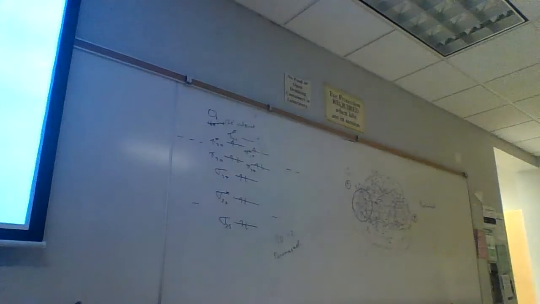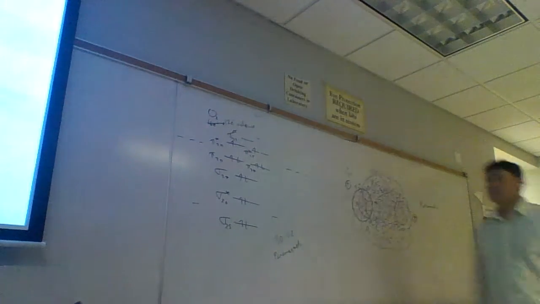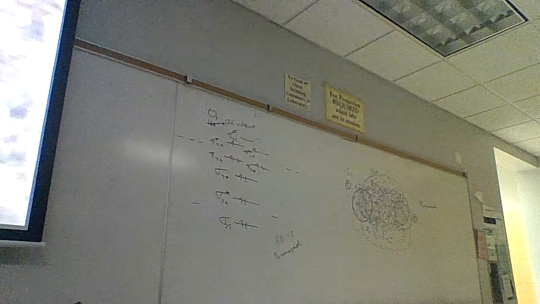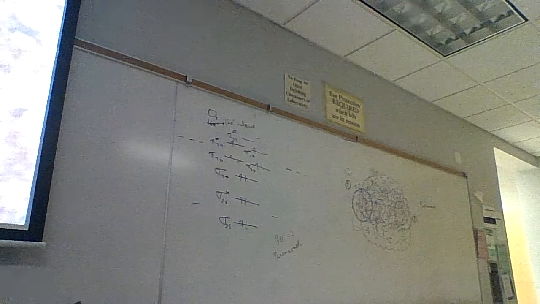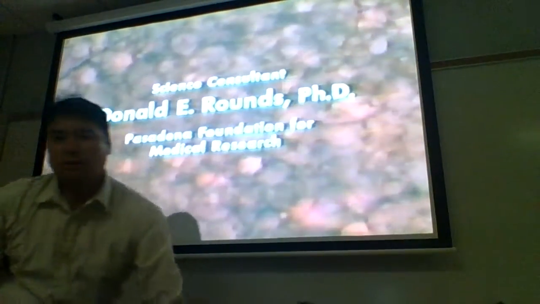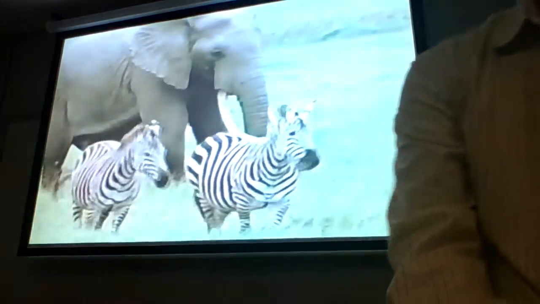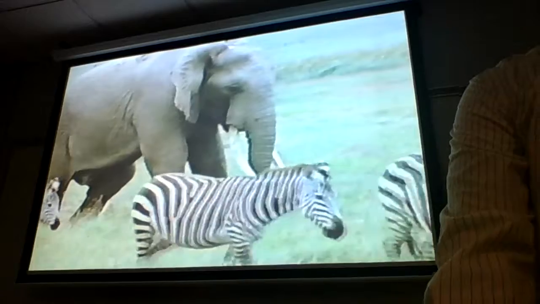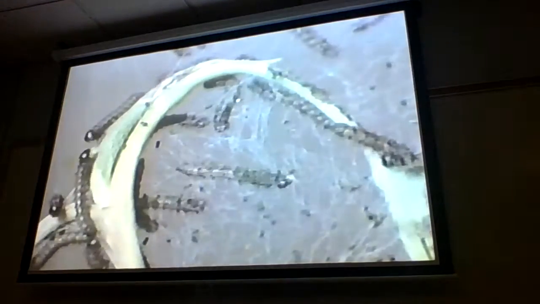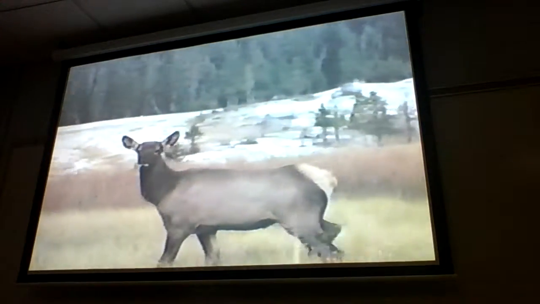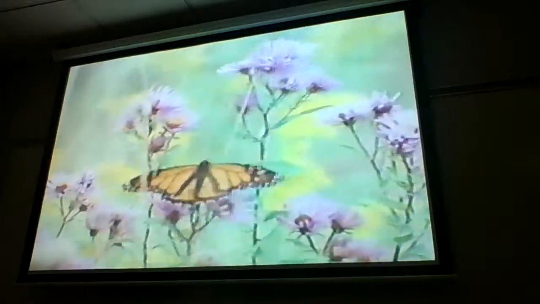Why do we care how things are arranged 3D? The number and variety of living systems is remarkable. More than 1 billion species currently exist.